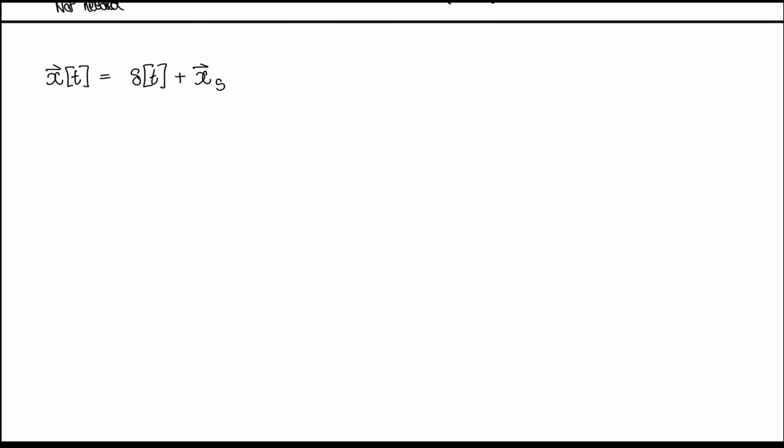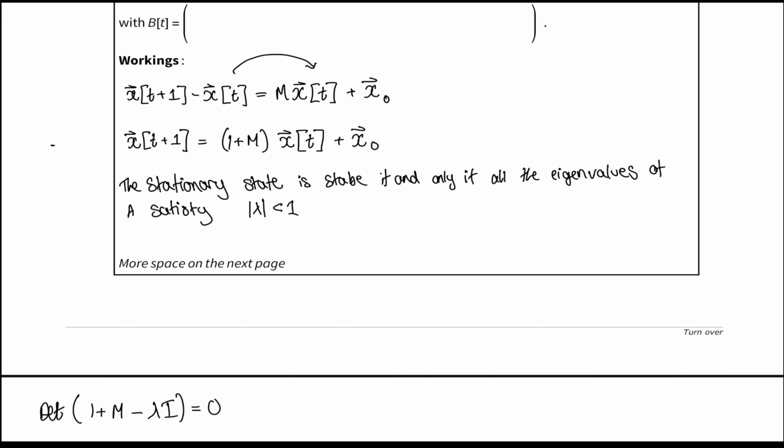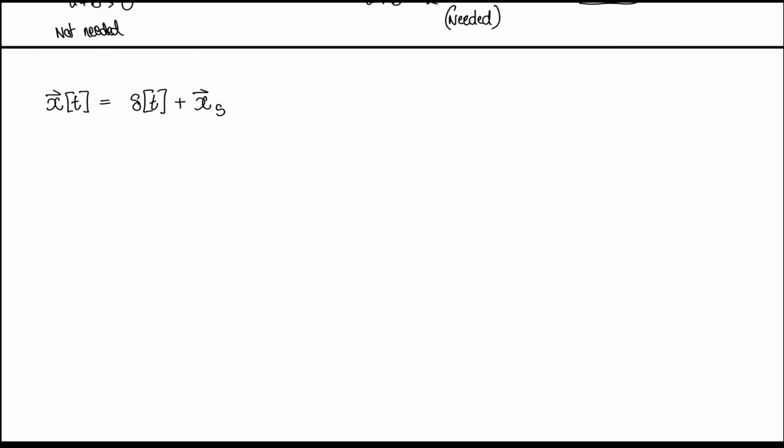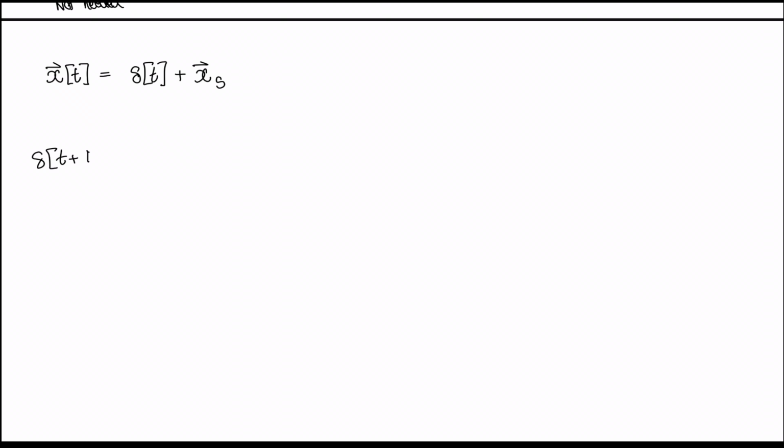I'm now going to substitute this back into our previous equation, which is this one over here. When we do that, we get delta t plus 1 plus the stationary state vector is equal to (1 plus m) delta t plus 1 plus m stationary state plus x0.